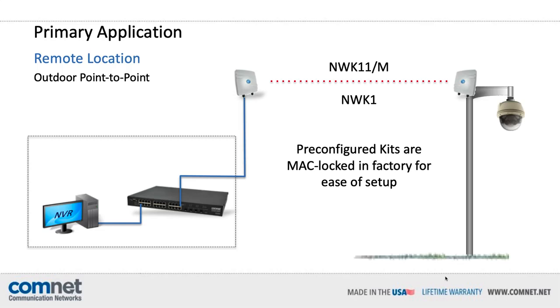The kits are pre-configured in the factory and MAC-locked so that installation on the bench or in the field is simple, quick, and reliable. These pre-configured kits have allowed installers with no previous experience using radio frequency products to successfully implement a wireless Ethernet media converter solution. If there's a K in the NetWave model number, it's a simple-to-use kit.